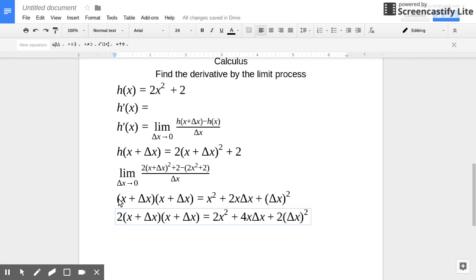All right. Now what else? What else we got going on here? Well, we still have this 2 right here, so we've got to add 2 to it. Okay, got to add the 2 to it. So hopefully you'll be able to figure out what I'm doing here.